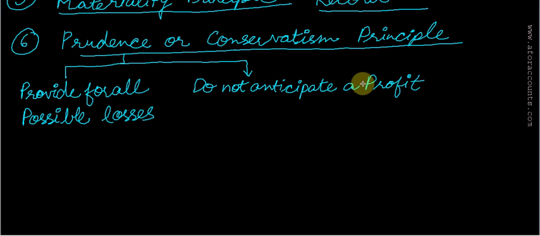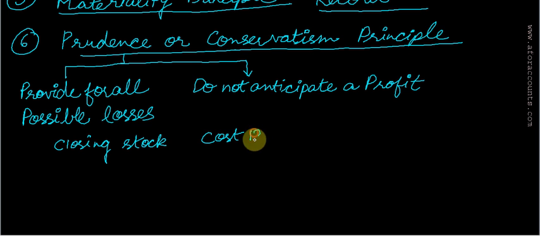What is the motive of this? It is not to present a better picture than what it actually is. See, closing stock is valued at cost or net realizable value, whichever is lower. Say I have a closing stock, my cost is 12.